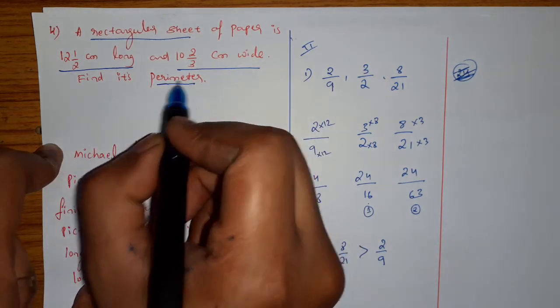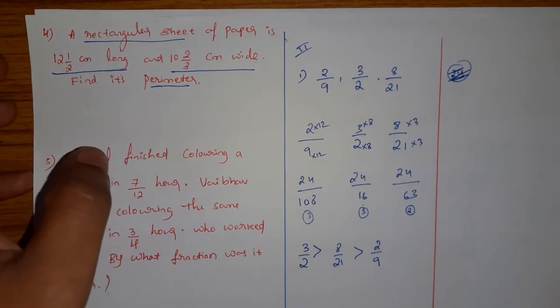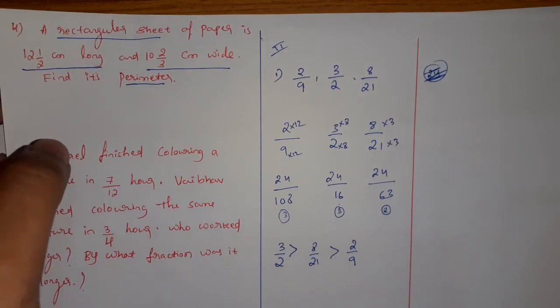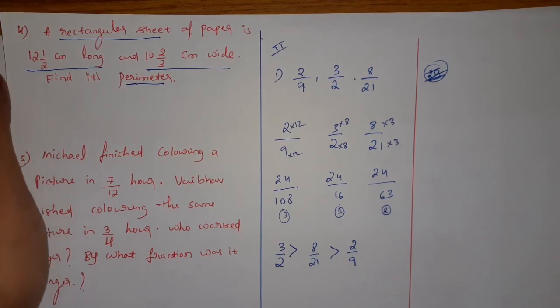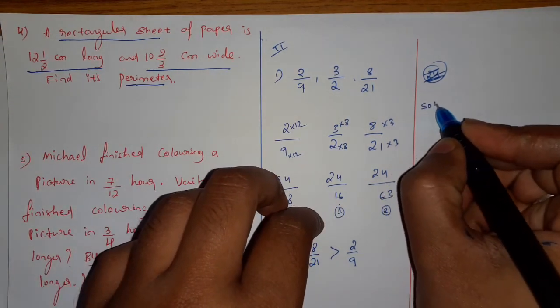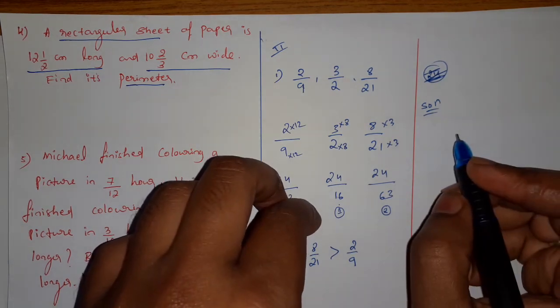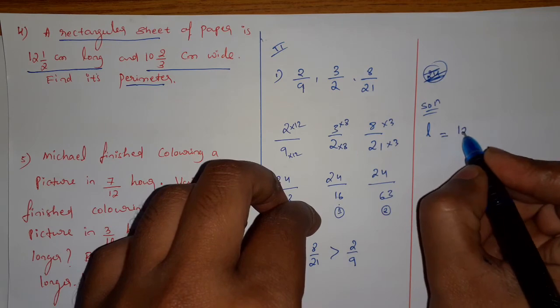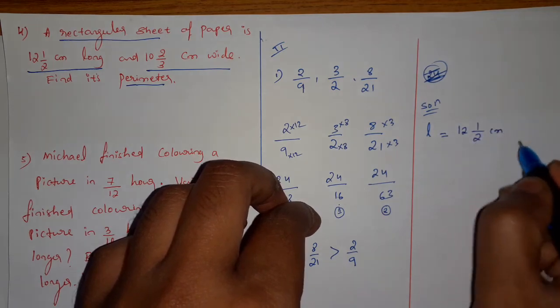Find its perimeter. What is the formula to find the perimeter of a rectangle? I made you remember it in the 6th standard. The perimeter of a rectangle is 2 times (L plus B), or 2L plus 2B. Okay, solution. Length is how much? Length is 12 1 by 2 centimeters. Which type of fraction is it?